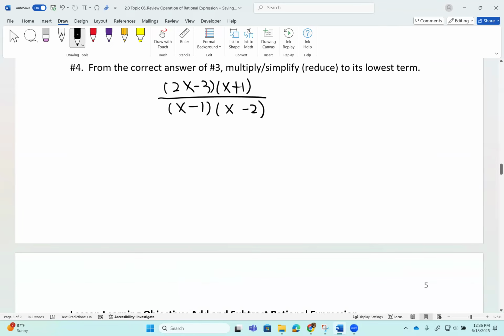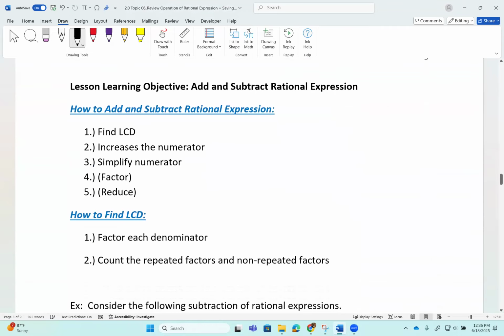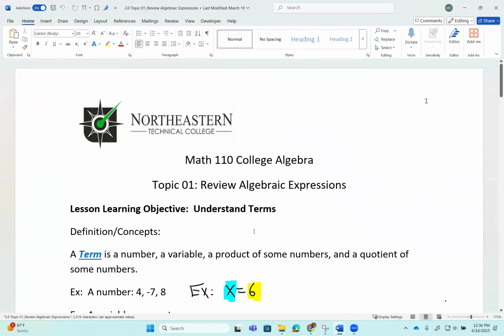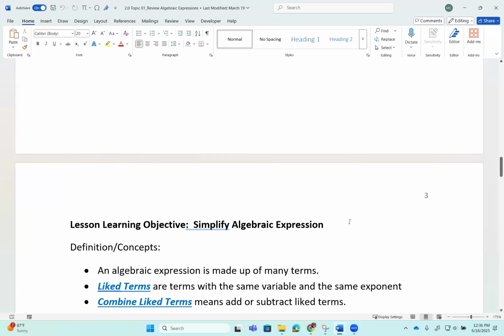All right. So when it comes to adding and subtracting rational expressions, let me bring back topic number 1. I believe we reviewed this a little bit toward the end of topic number 1.